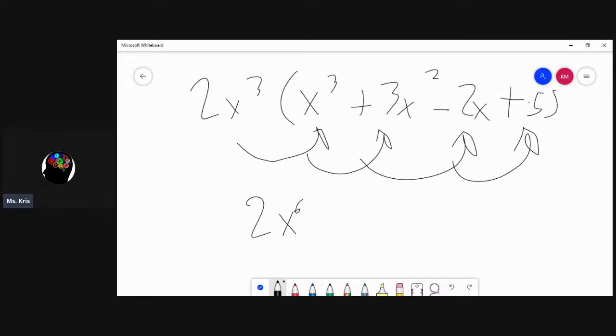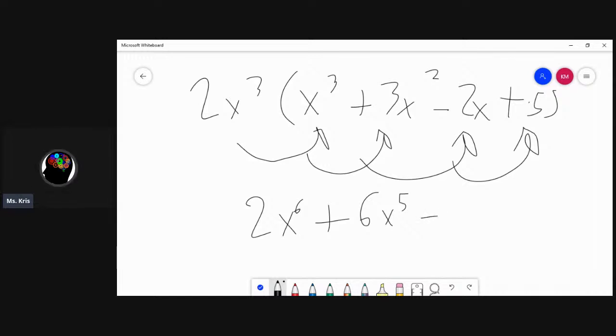Exponent rules. Plus 2 times 3, because it's a positive 2 to a positive 3. So 2 times 3, that gives me a positive 6. And x to the third times x to the second, that is x to the 5th.